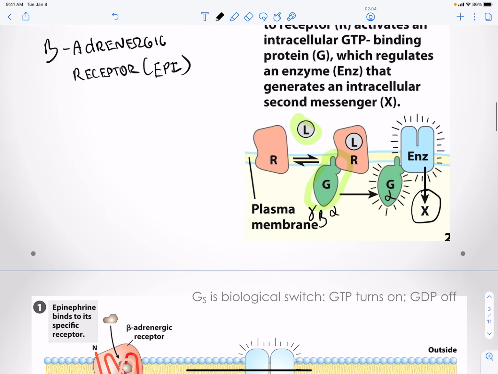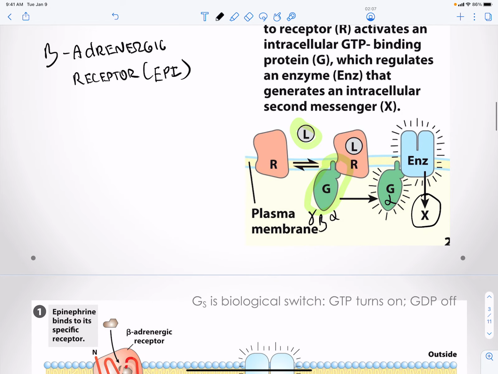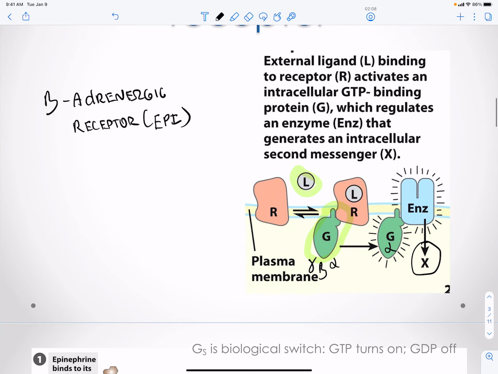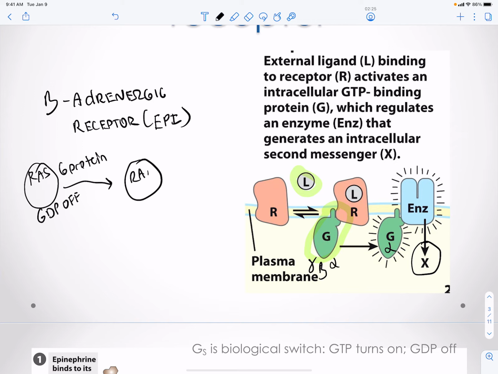Now G protein receptors are going to, again, be similar to RAS. We talked about RAS, if you remember. RAS was a G protein. We're going to see RAS pop up again. RAS with GDP is off, and then RAS with GTP is on.